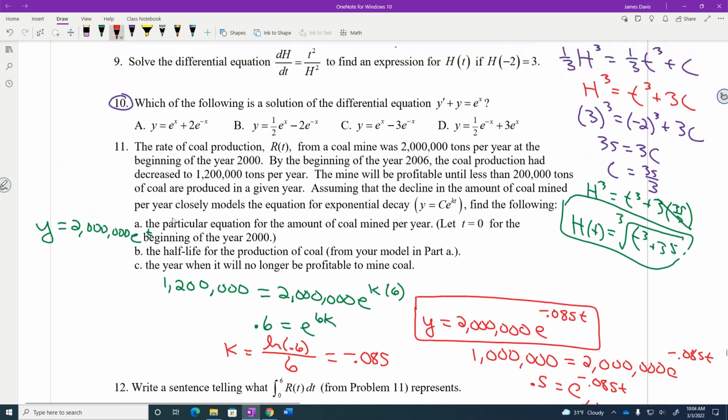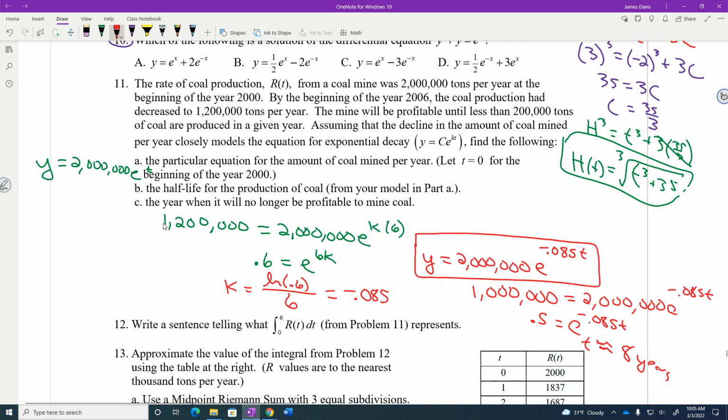Well, not 0, but 200,000. Oh, okay. Because it won't be profitable once there's less than 200,000 pounds per year. So then we'll just set it equal to 200,000 equals 2 million e to the negative 0.05 t.